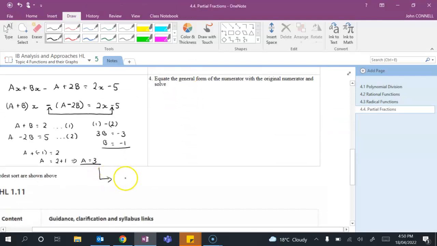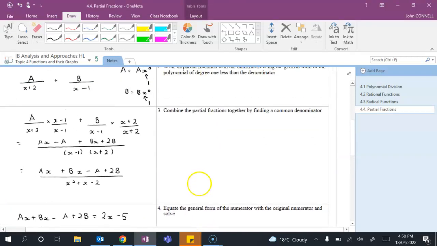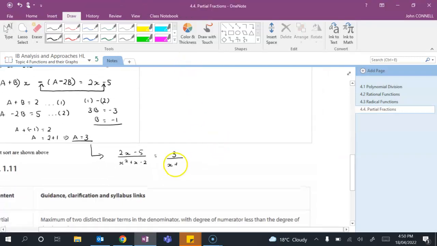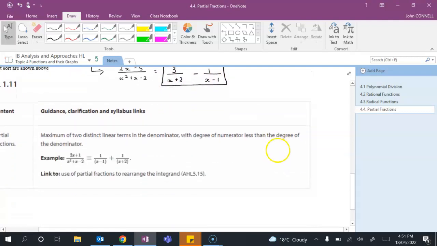So finishing off, I can say that 2x take 5 on x squared plus x take 2 is equal to 3 on x plus 2, and b is minus 1, so let's put a minus in there and say that's 1 over x take 1. And that is a form that is expressing that rational function in partial fraction form.